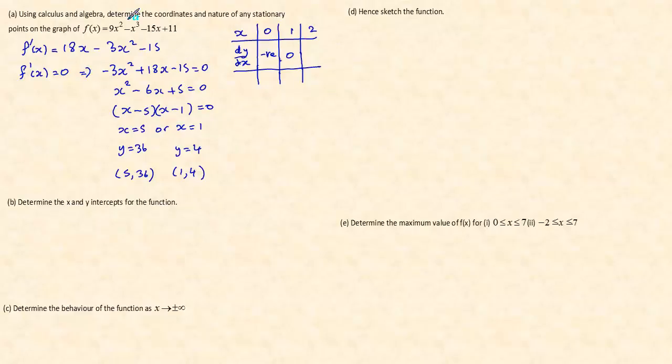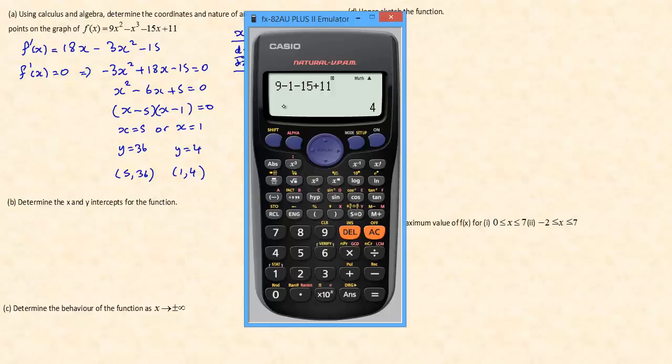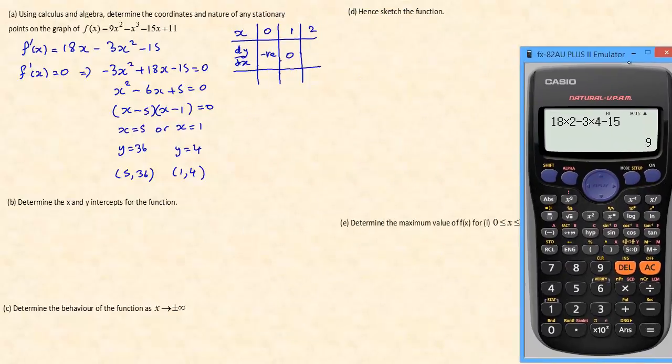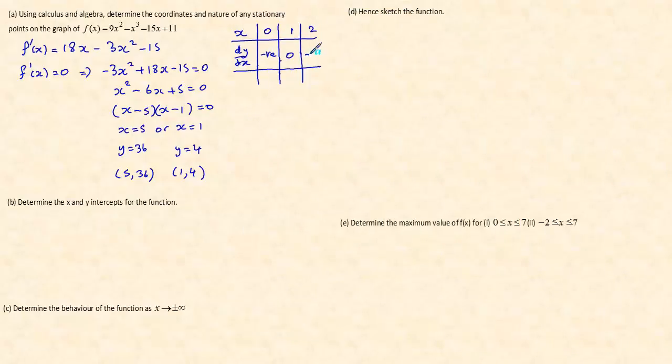Put 2 in, and let's have a look. So we've got 18 times 2, take away 3 times 4, take away 15, it's 9, so that one is positive. Down, across, up, so that one there must be a minimum.